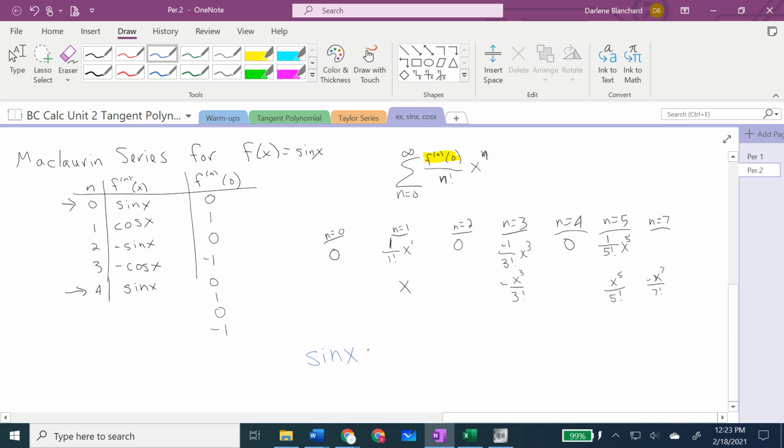Sin x, and I'm going to do squiggle equal because I need to end my polynomial. x minus x cubed over 3 factorial plus x to the 5th over 5 factorial minus x to the 7th over 7 factorial. And you should realize that the next term is going to be plus x to the 9th over 9 factorial. And then after that, minus x to the 11th over 11 factorial.